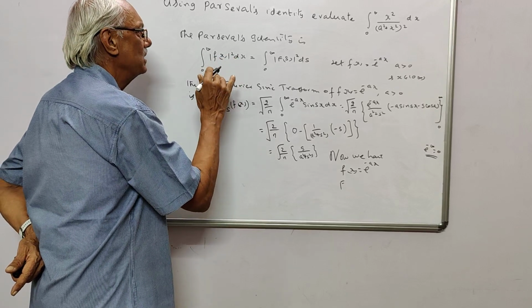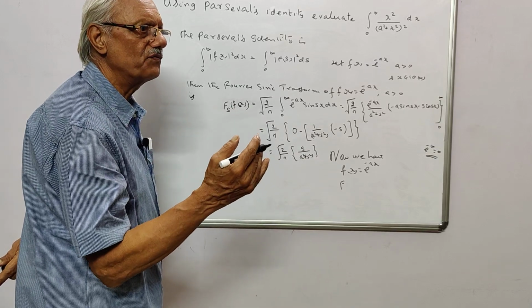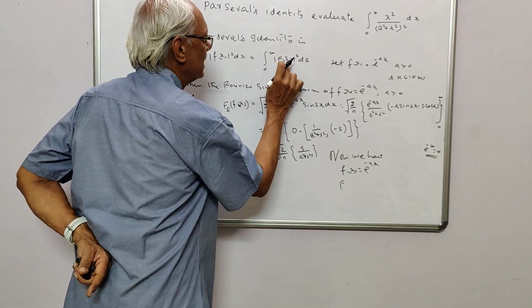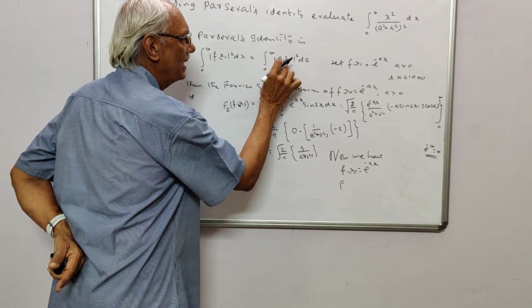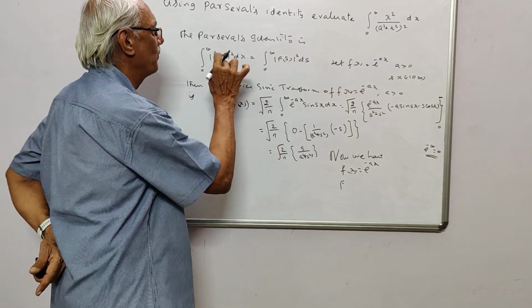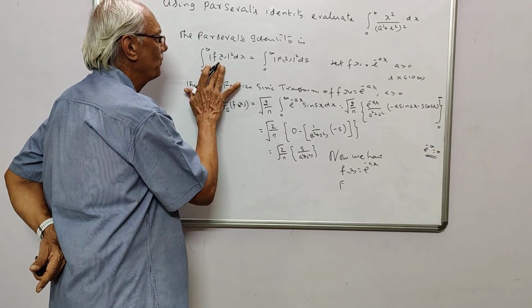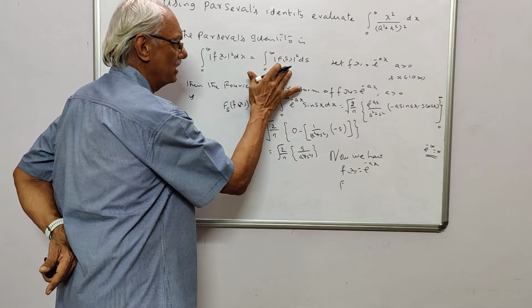And if you want the Parseval's identity for the sine transform, here this f of x will be the given function, and F of s will be the Fourier sine transform of f of x. Understand that. That means here this f of x is given to you and whose sine transform is here.